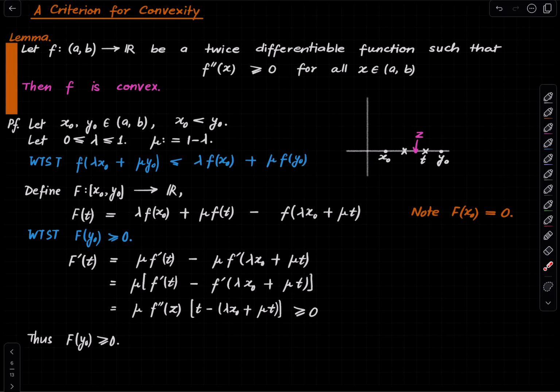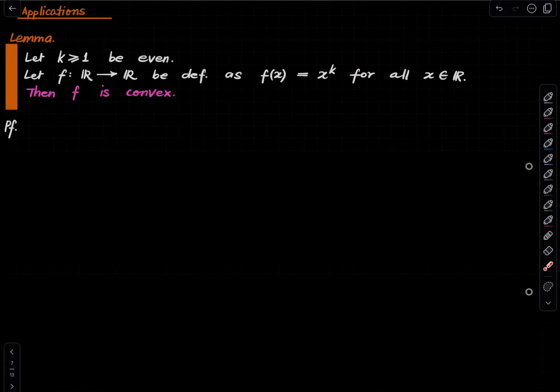All right, and now let us see some applications of what we just proved. So suppose we have an even integer k, and we define the function little f as the kth power map. f of x is x to the k for all x. Then f is convex. Reason is very simple.